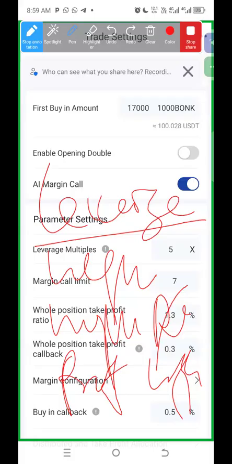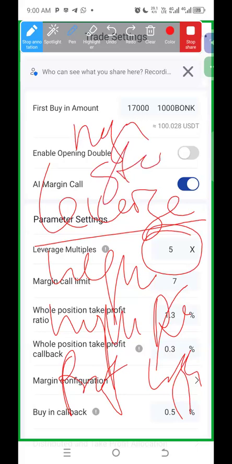So when we talk about risk management, leverage also forms part of your risk management, not just the margin amount that you've opened or the stop loss that you've set. Your stop loss can easily be triggered based on your leverage. Your margin calls can be hit very fast or slow based on your leverage. So whenever we talk about risk management tools, you can never ignore the leverage.